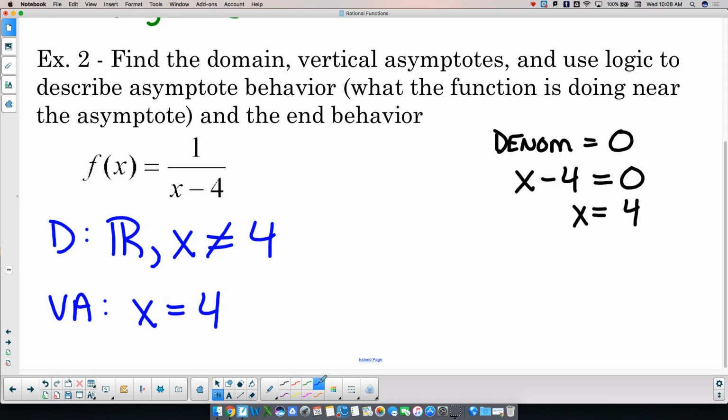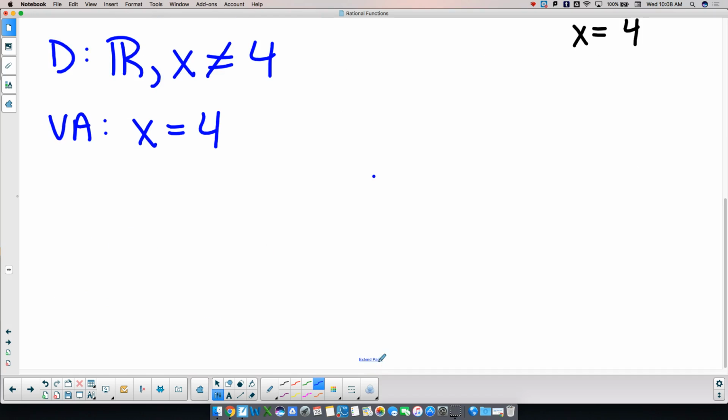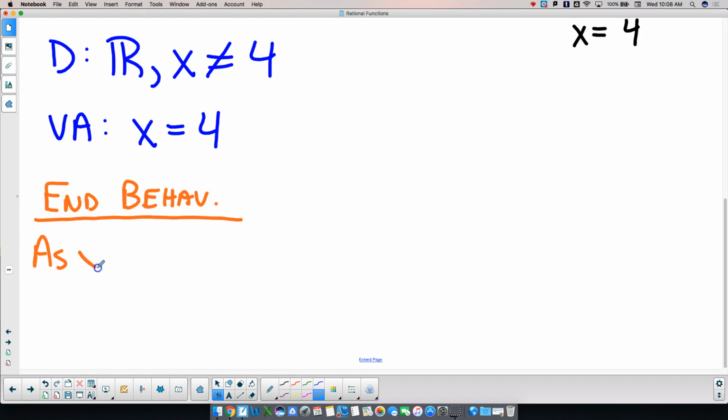Now we're going to use logic to come up with the end behavior and the asymptotal behavior. Let's do end first. So that's going to be as x approaches infinity and as x approaches negative infinity.